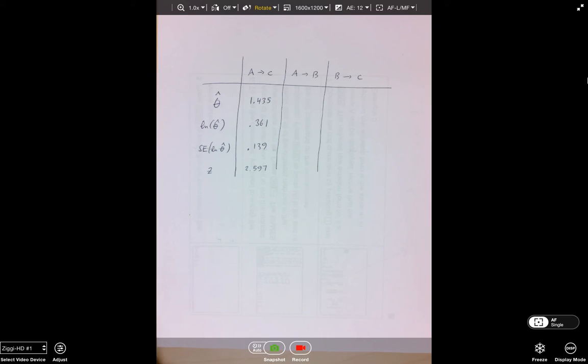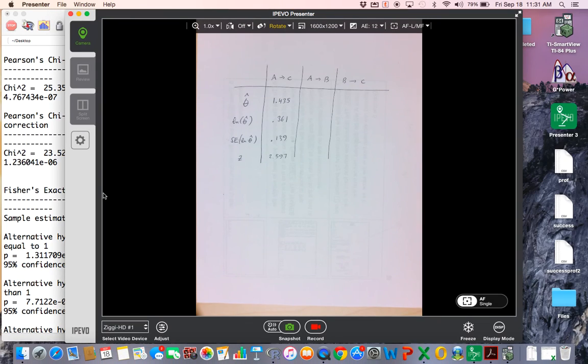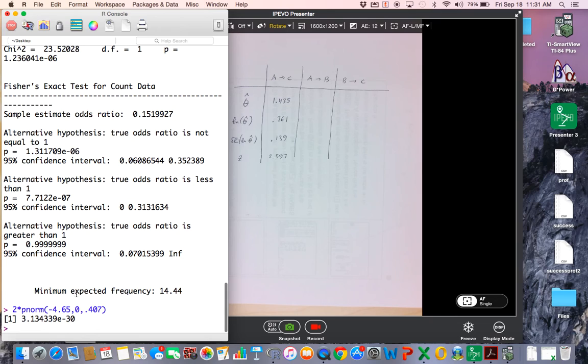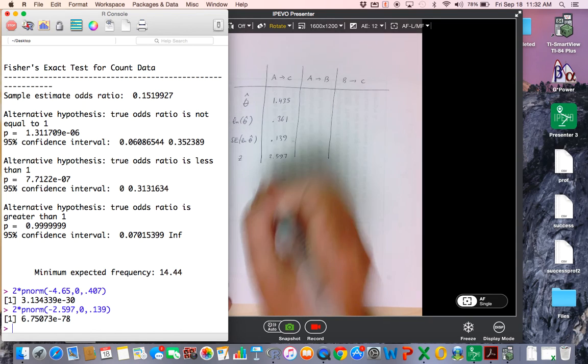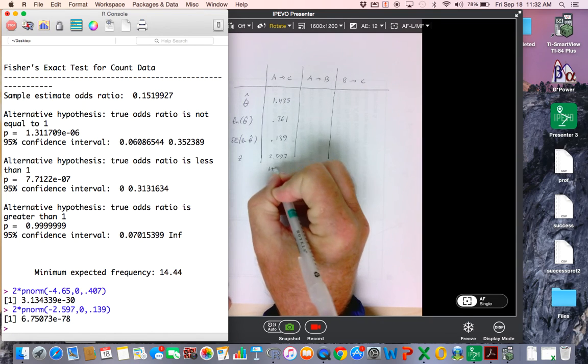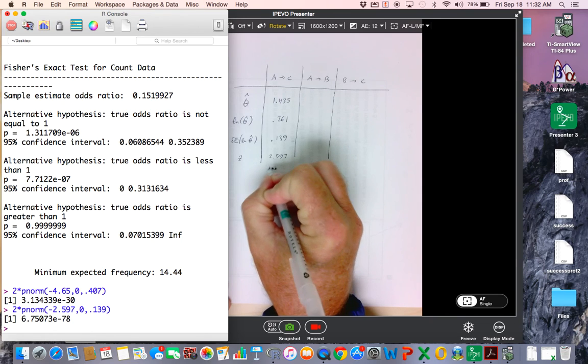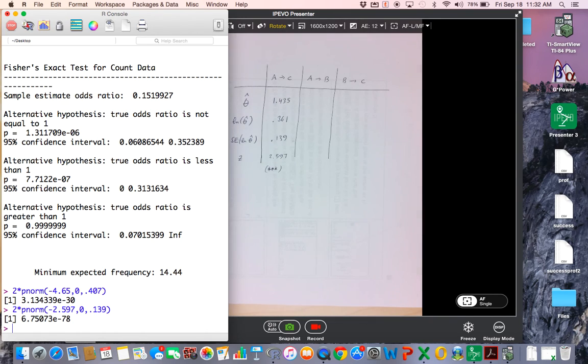The 2.597 would be, let's see, statistically significant at the 0.001 level.